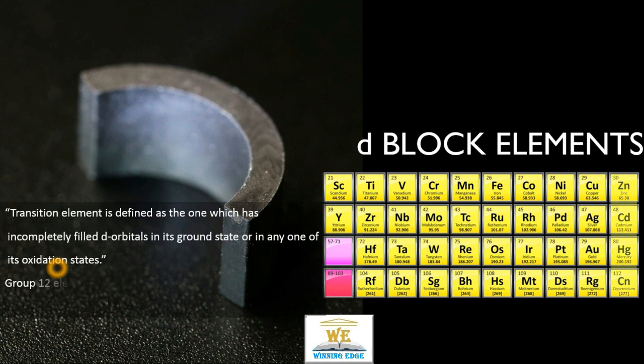So group 12 elements have a completely filled D orbital. Technically we can't call them D block elements, but for the purpose of convenience, these 12th group elements are kept with the D block only.